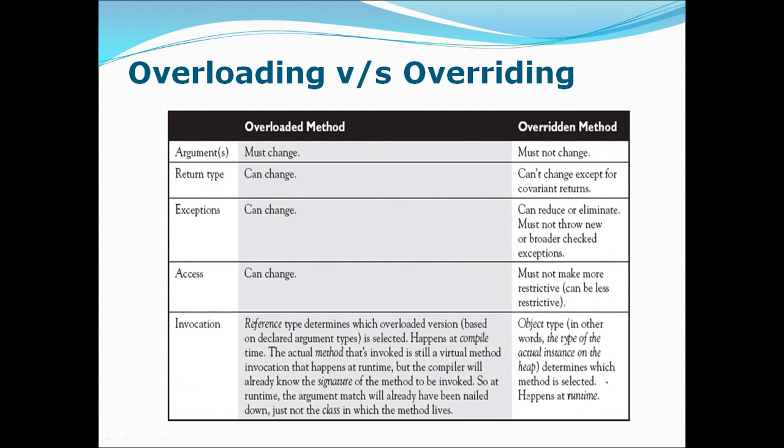Argument must change in overloading. Overriding must not change. You cannot change the argument list. So second difference is overloading must change the argument list. Overriding must not change the argument list.